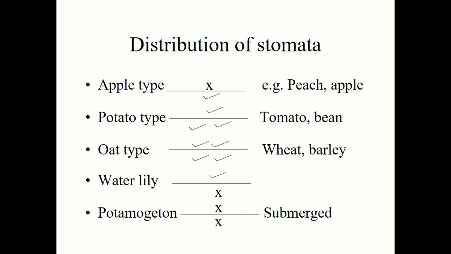If they exist but are not functional, such stomata are called sunken stomata. Sunken means there is no function from this stomata. Stomata is there but not doing any function, so it is called sunken stomata.